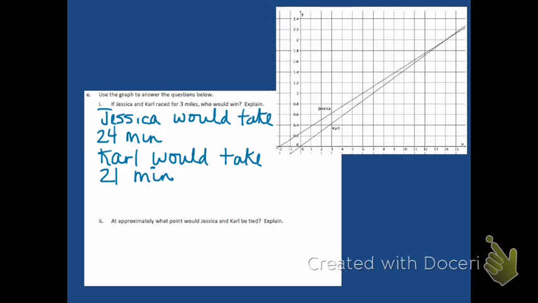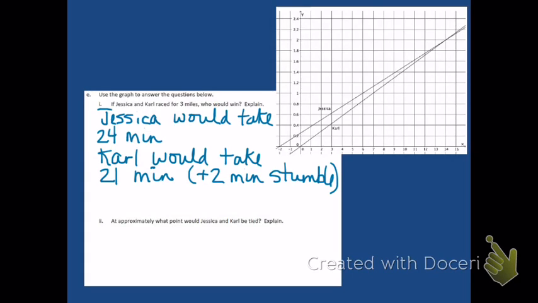So Carl would take 21 minutes, and that's assuming he didn't stumble, but he did stumble. That basically adds 2 minutes to his time. But even with the stumble, we can see that if the race was 3 miles long, Carl would still win, even having stumbled the 2 minutes.